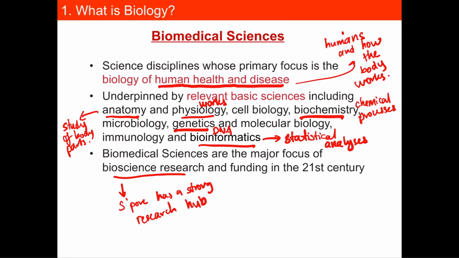There are many well-known biomedical companies, known internationally, that produce drugs and medicine, which have specific research labs as well as manufacturing plants in Singapore. So we are actually a biomedical research hub.